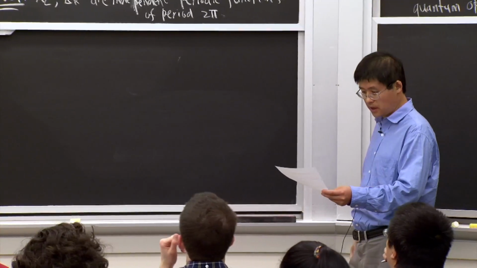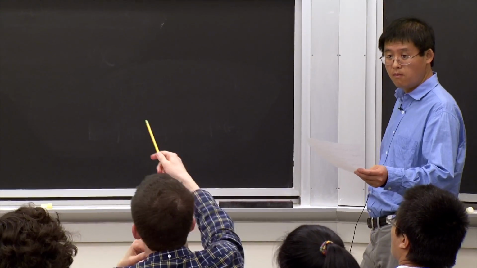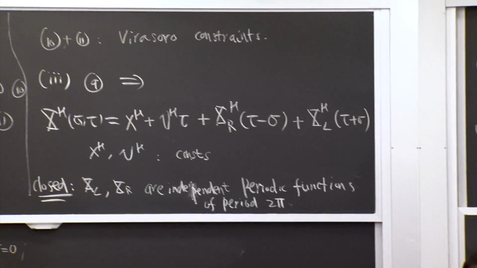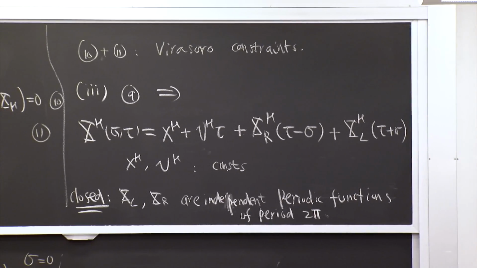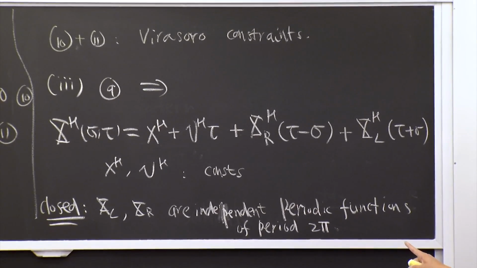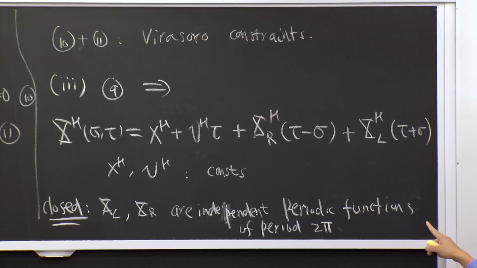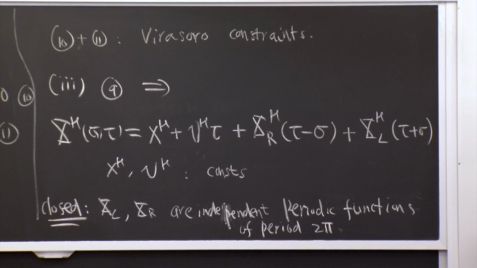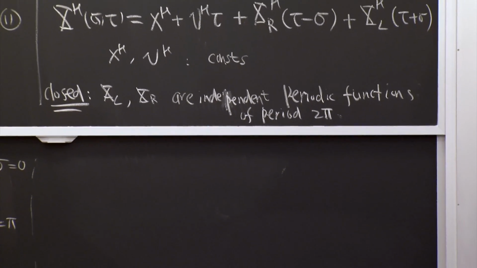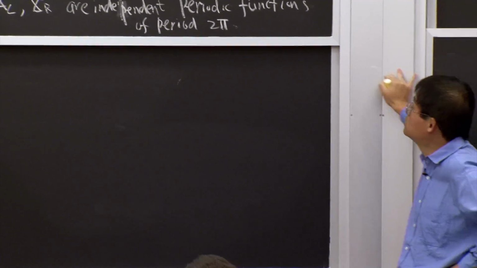Professor, I have a question. Why is it that you don't package those original two terms into the right and left functions? So why do you write x mu plus v mu tau? Because those don't have this form. They're not in the form of tau plus sigma or tau minus sigma. This is just tau.